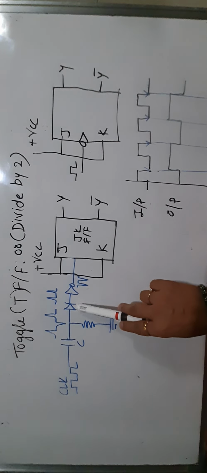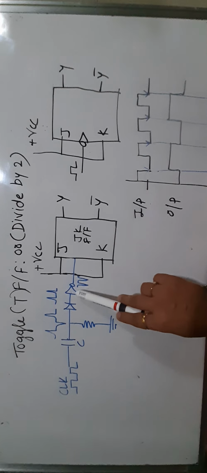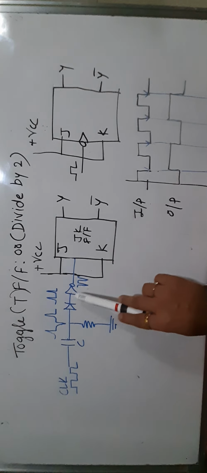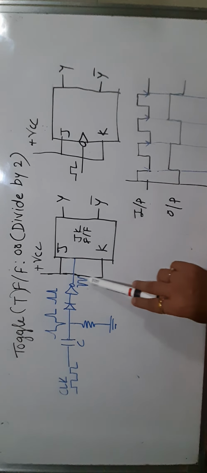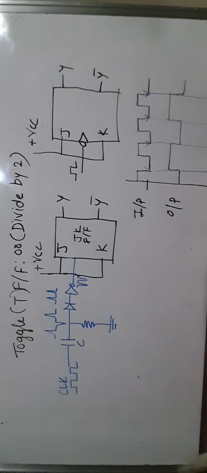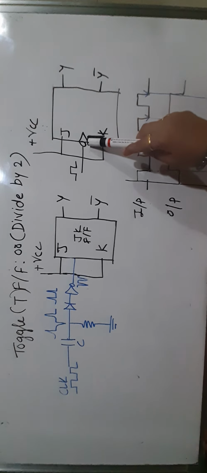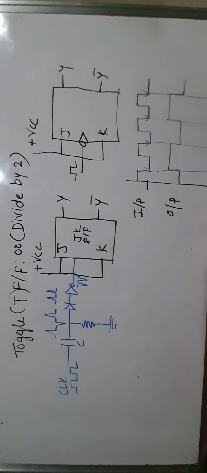Then a diode is used as a filter, which gives only positive spikes. And then if we want negative edge triggering, that signal is given to a NOT gate, so here we get negative spikes, negative edge triggering spikes. Okay, now this is the logic diagram and this is the symbol. In the symbol, the bubble indicates negative edge triggering and the triangle indicates the clock signal.